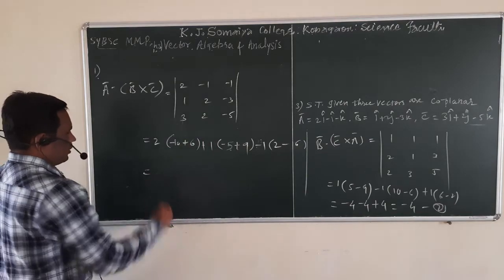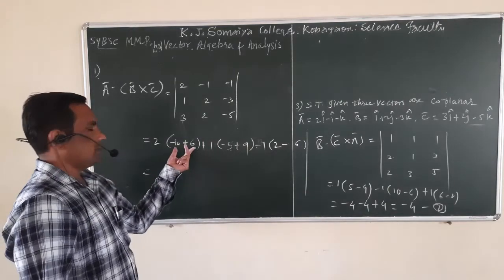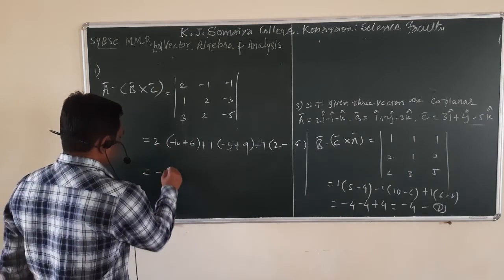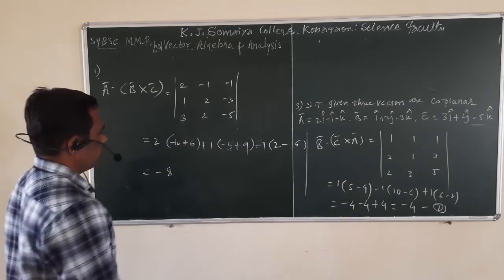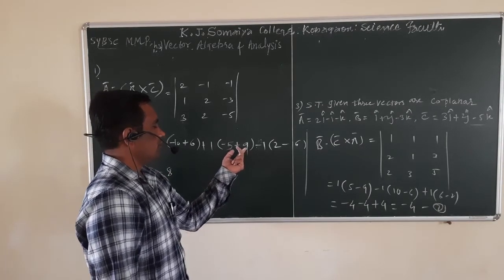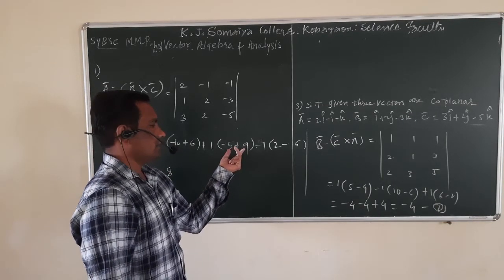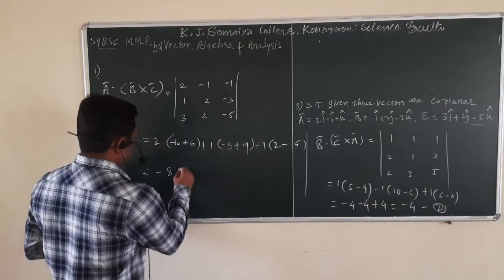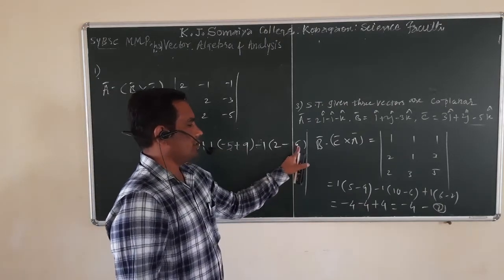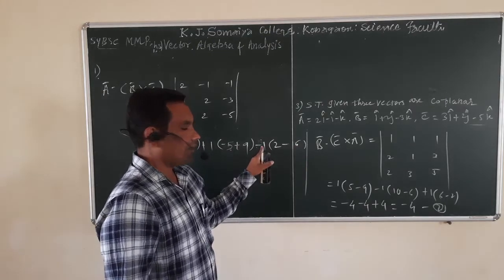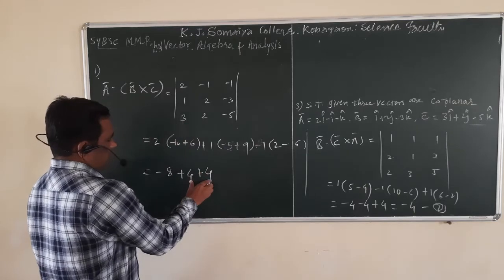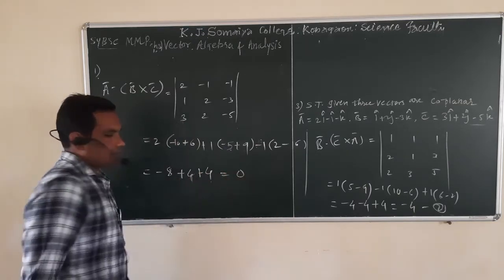So this is equal to, so this is minus 4, so minus 4 into 2 we get minus 8. Okay, here 4, 5, 9 minus 5 is 4, so plus 4. Okay, here 2 minus 6 is minus 4, minus 1 become plus, so here we get plus 4, so 8 minus 8 we get 0.